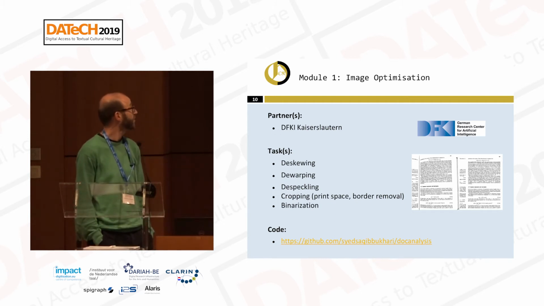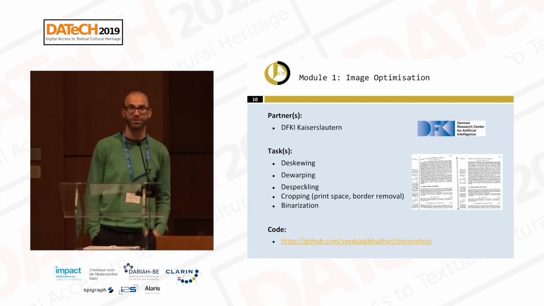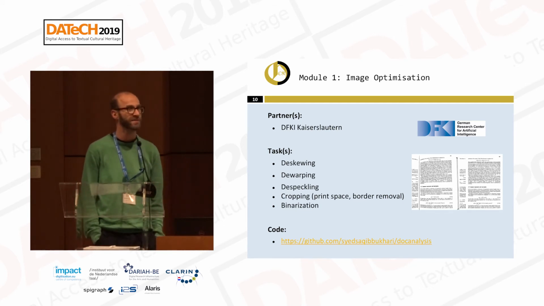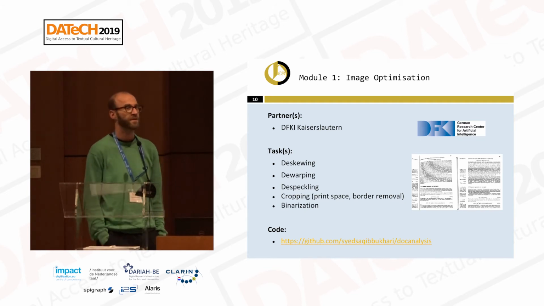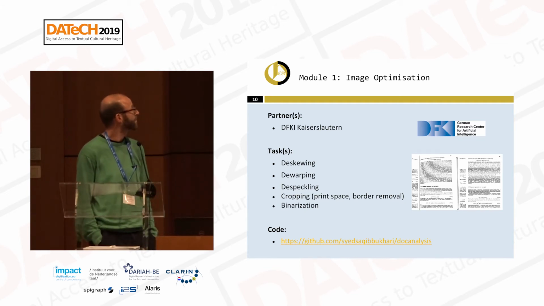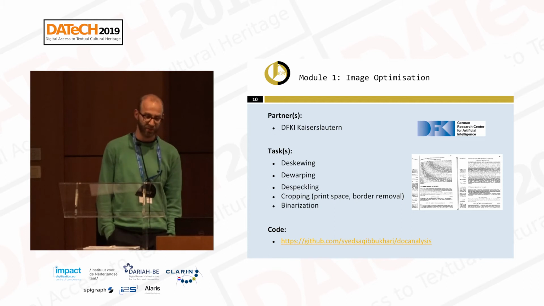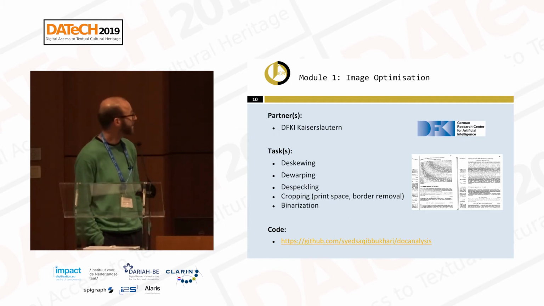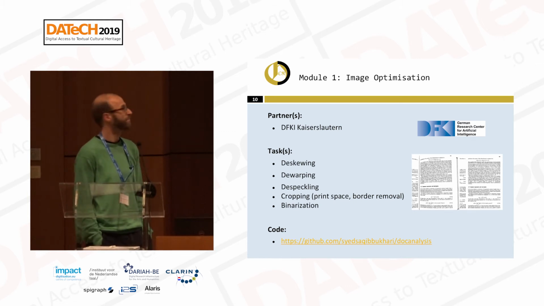Sorry, I should mention this sub-project is being worked on by the German Research Center for Artificial Intelligence in Kaiserslautern, the group of Andreas Dengel. And they already have some preliminary technologies for this image optimization. They have a deep learning model for dewarping.